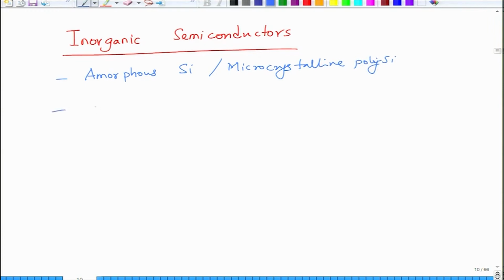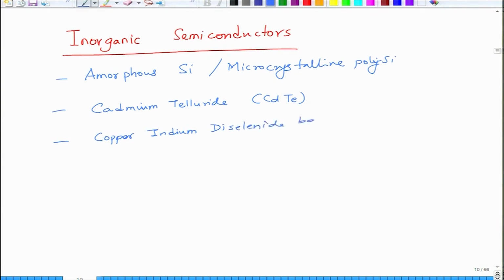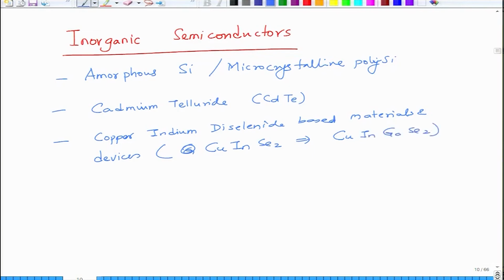Then we also have cadmium telluride, which is called CdTe, and then we have copper indium diselenide based materials and devices, which is basically CuInSe2, and if you dope it with gallium, then copper indium gallium selenide, and this is mainly done to change the band gap.